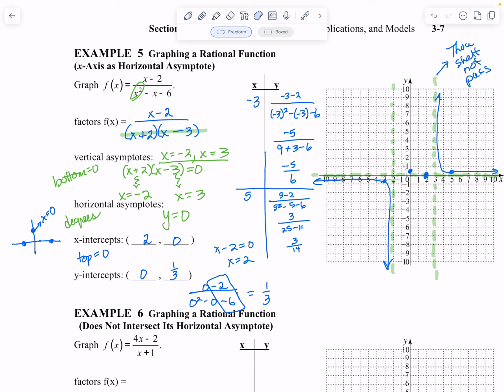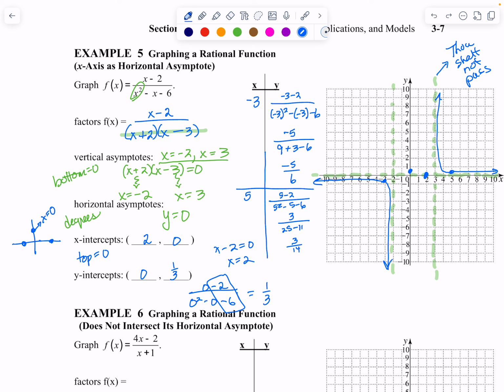And then I would plug in a point here, in between 2 and 3. I'd have to plug in a decimal to figure out if it is going to go back up like this, or is it going to go down like that? I could easily plug in negative 1, and if I do, I'm going to get a positive.